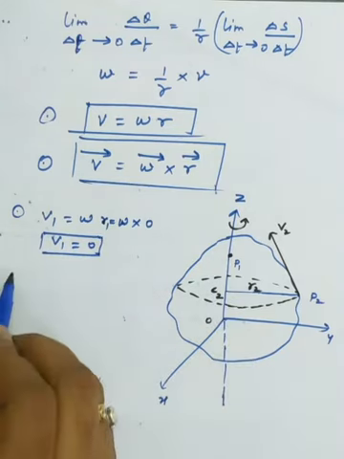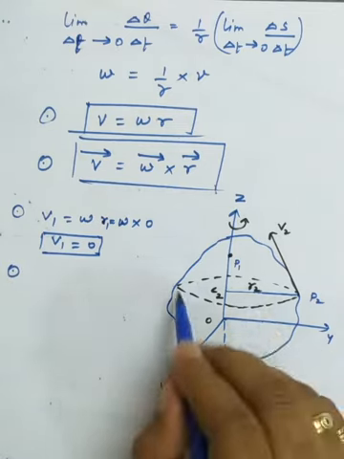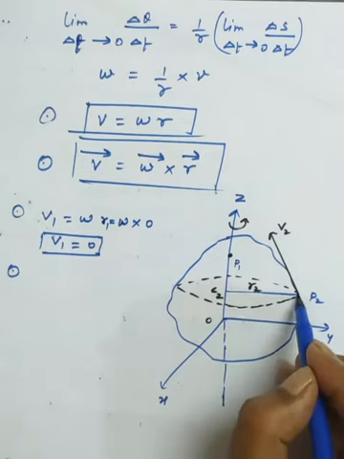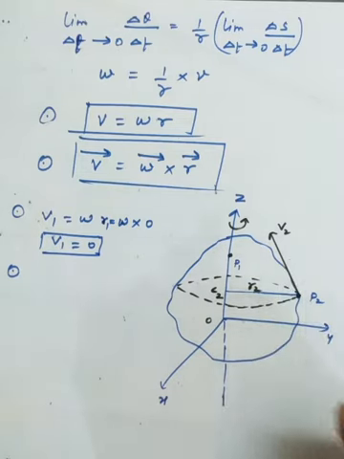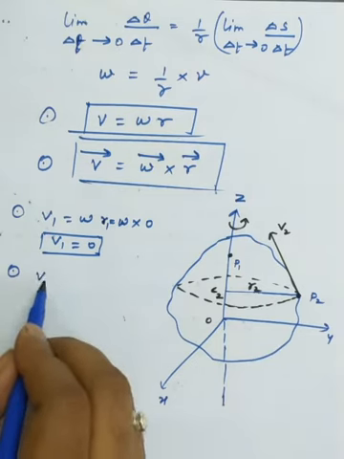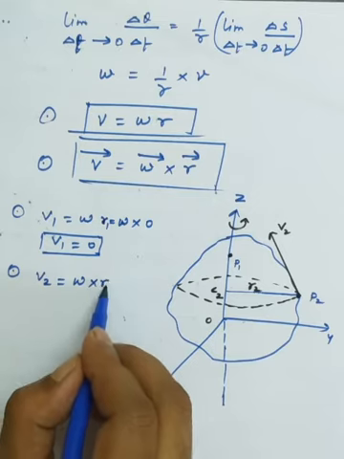Now the next point of the discussion: suppose we imagine a horizontal circle of radius r2, where another particle p2 has velocity v2. So what kind of velocity does it have? v2 is equal to omega r2.